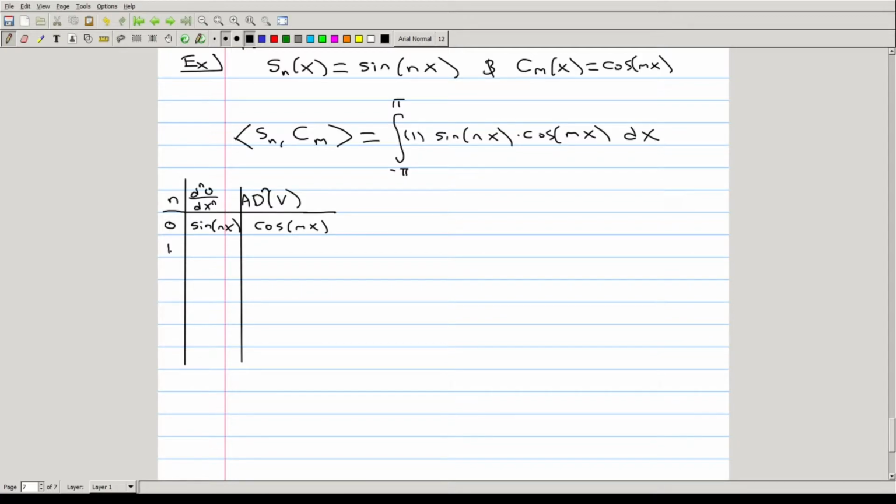And then for n equals 1, the derivative of sine of nx is going to be n times cosine of nx, and the antiderivative of cosine of mx is going to be 1 over m times sine of mx.